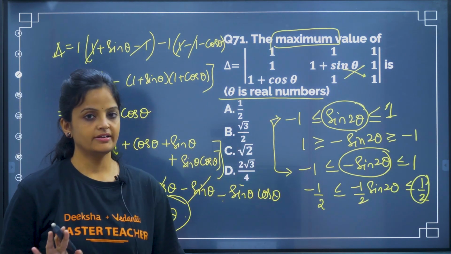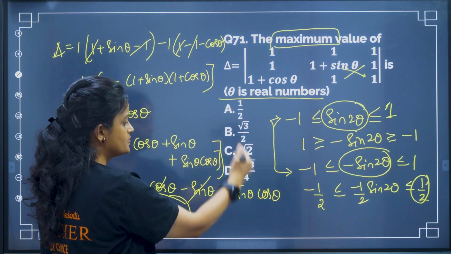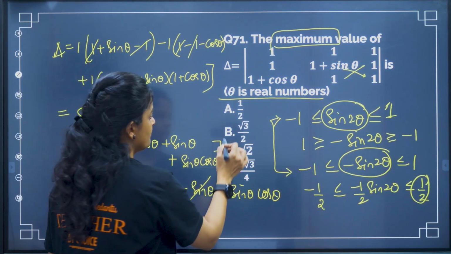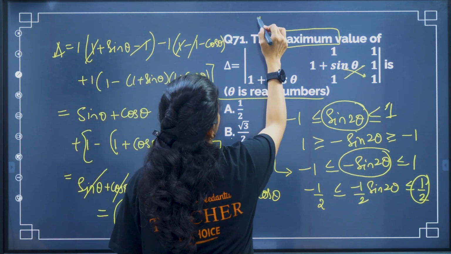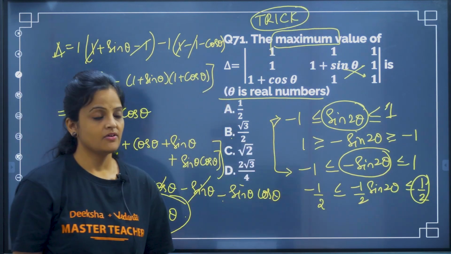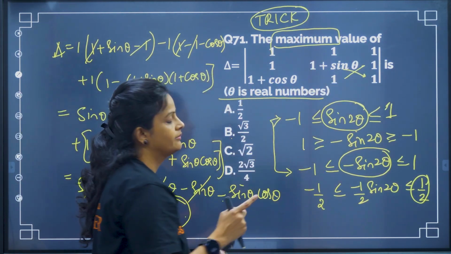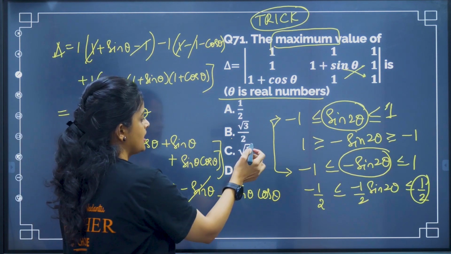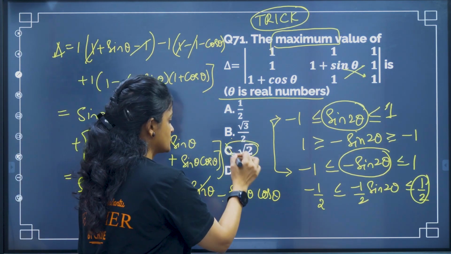This is the theoretical way to solve. In this question, if you observe the options, B and D are same. I'll tell you the way to rule out the options. First, see, when I know that the sine part has to lie between minus 1 and 1, when the answer is coming more than that, rule out the option.